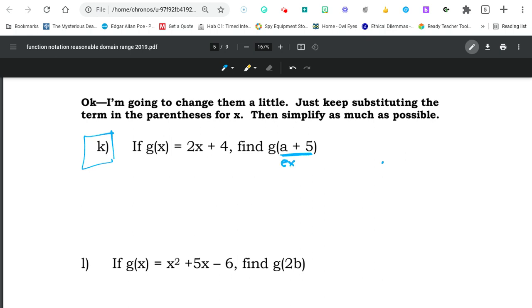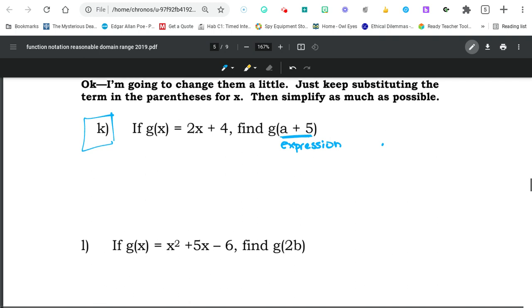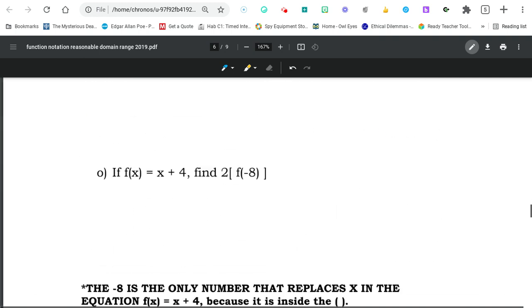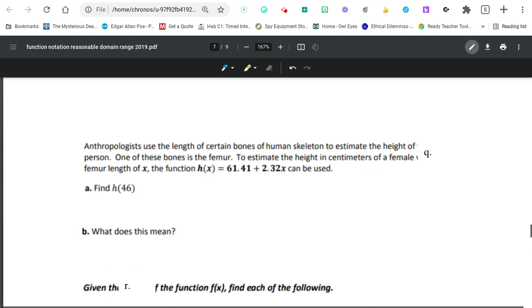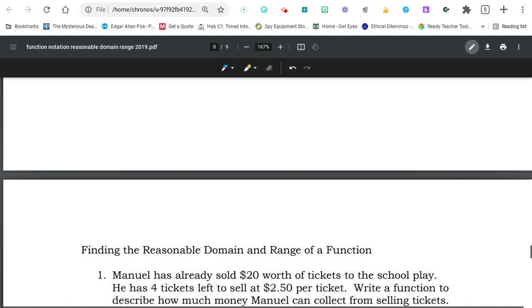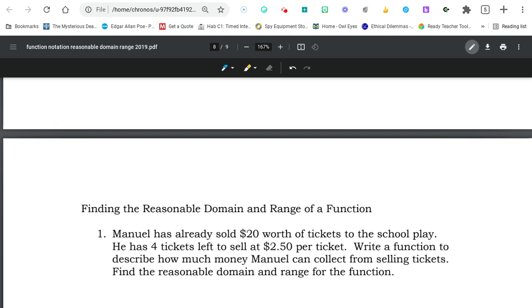Now your x value is some type of expression. I think this will pick up the second half tomorrow after the test. You'll work on this video. So it'll be K through the rest of these, which shouldn't take that long. And I'll say reasonable domain and range for when we get back after Thanksgiving break.